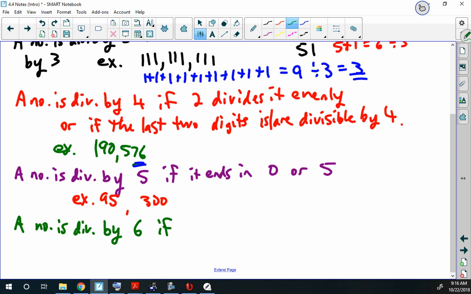Another way to say that is if it is divisible by both 2 and 3. So a number is going to be divisible by 6 if 2 and 3 both divide it.